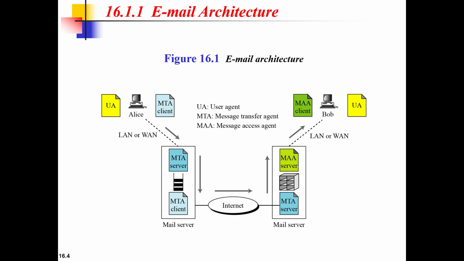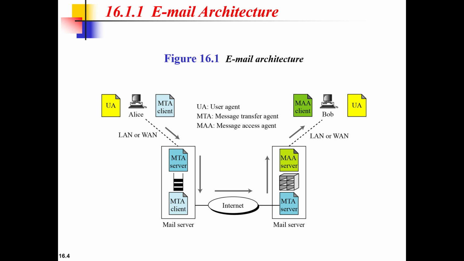Now the administrator of the email server at Alice's side has created a queuing system that sends email to the internet one by one. The administrator of the email server at Bob's side has created a mailbox for every user connected to the server. The mailbox holds the received messages until they are retrieved by the recipient.